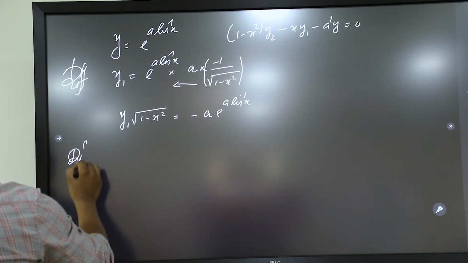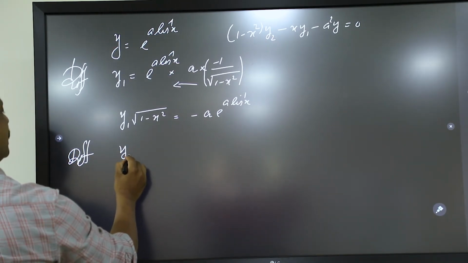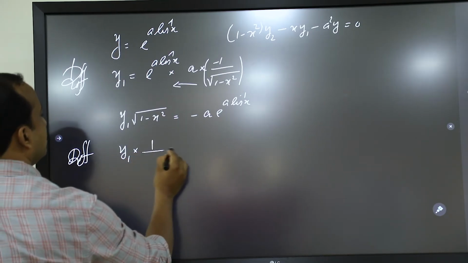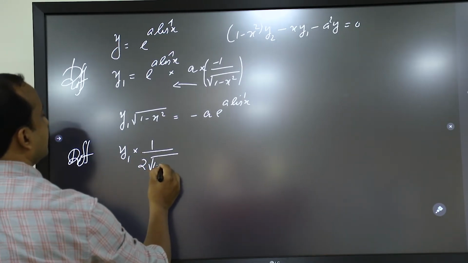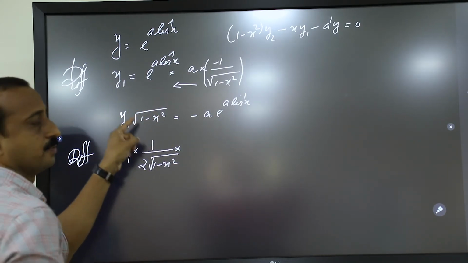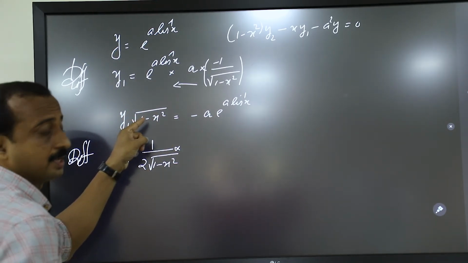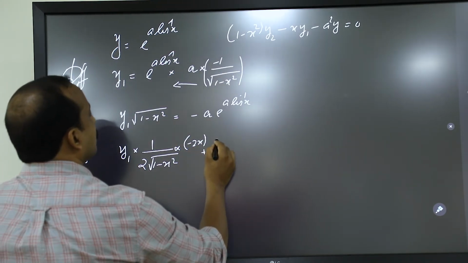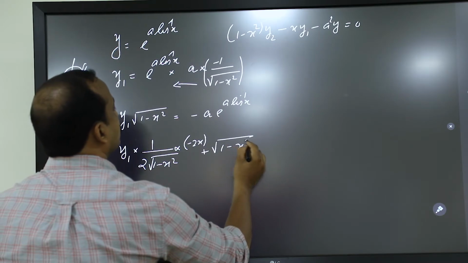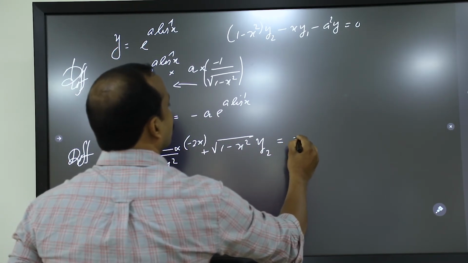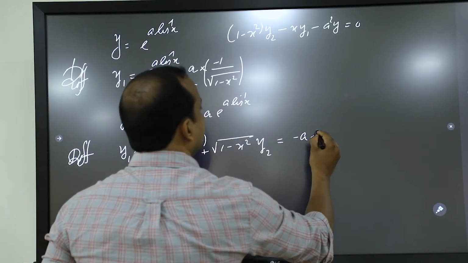Again we differentiate with respect to x. We get y1 into the derivative of the root, which is 1 by 2 root of 1 minus x square, into function of function: the derivative of 1 minus x square, the derivative of 1 becomes 0 and the derivative of minus x square is minus 2x, plus square root of 1 minus x square into the derivative of y1, which is y2, is equal to minus a e raised to a cos inverse x.